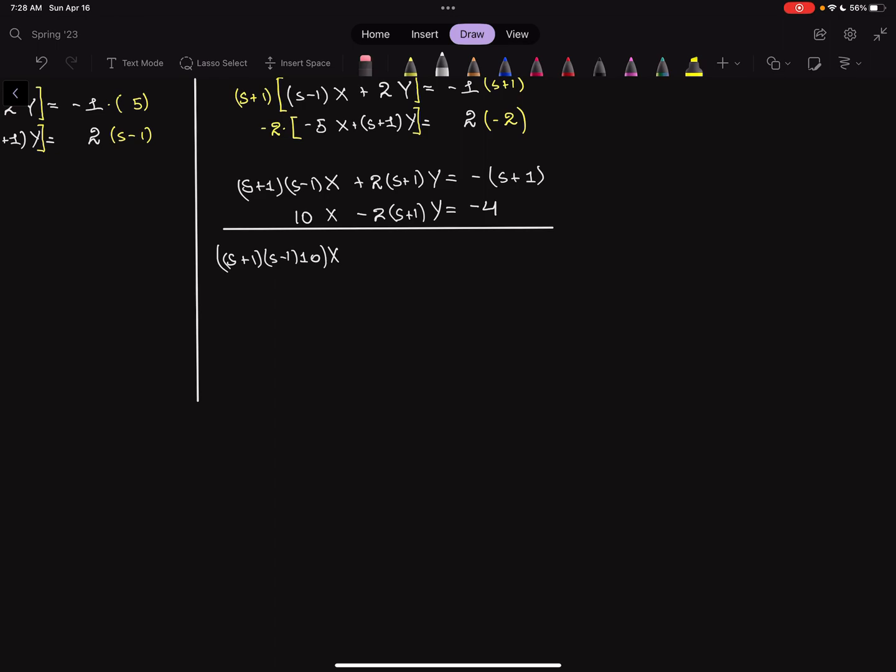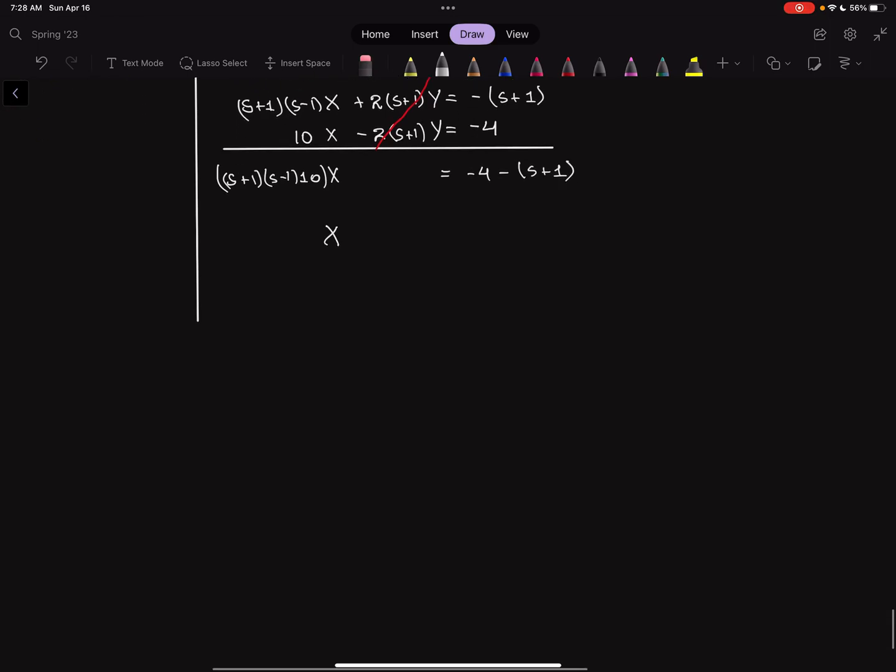And then the Y terms just cancel out. And that's all going to be equal to minus 4 minus (s plus 1). So if I now solve for X, I get (minus 4 minus (s plus 1)) over ((s plus 1)(s minus 1) plus 10).